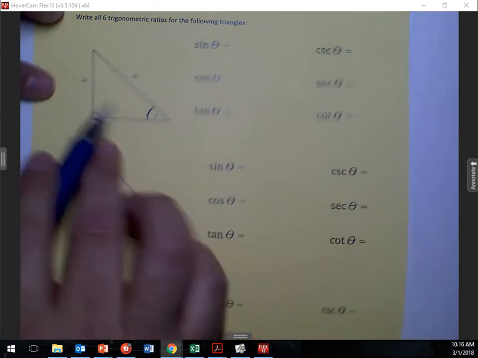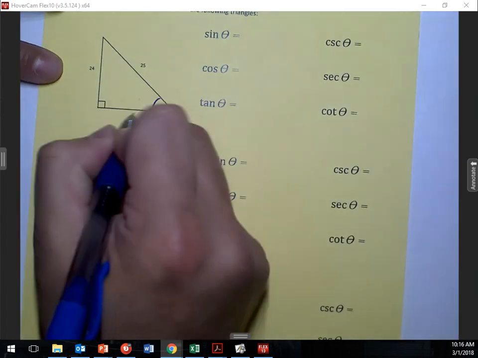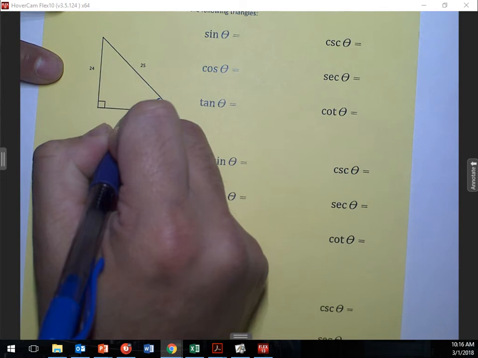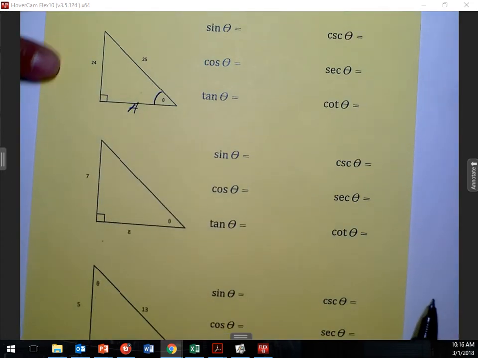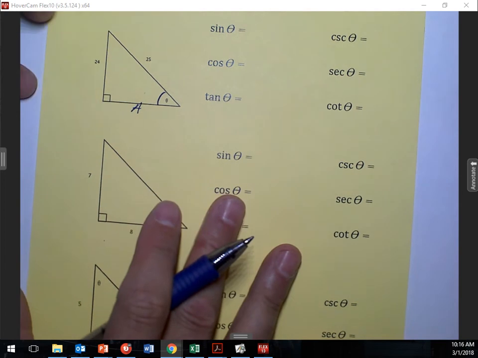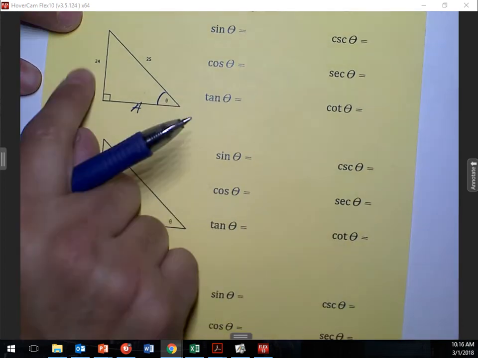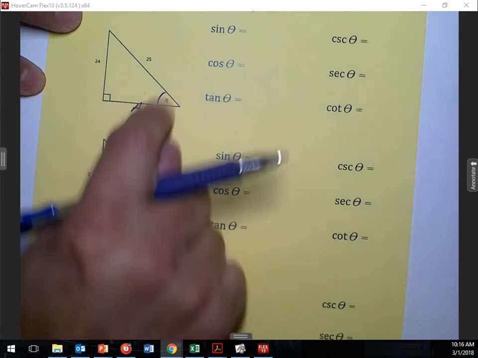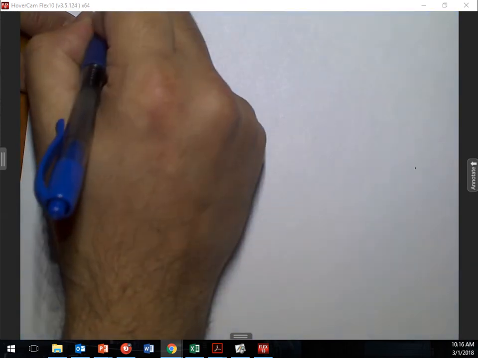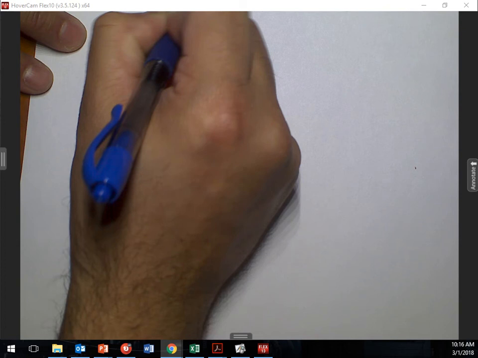So doing this one, I'm going to call this A, just because I feel like using the letter A. We have 24 squared plus A squared is equal to 25 squared.